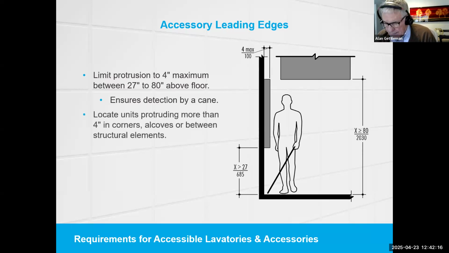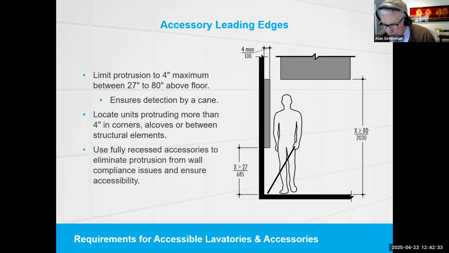Should the leading edge be at or below 27 inches, then the accessory may project any amount as long as the required minimum width of an adjacent clear access aisle is maintained. All floor standing and surface mounted units protruding more than 4 inches should be located in corners, alcoves, or between other structural elements.